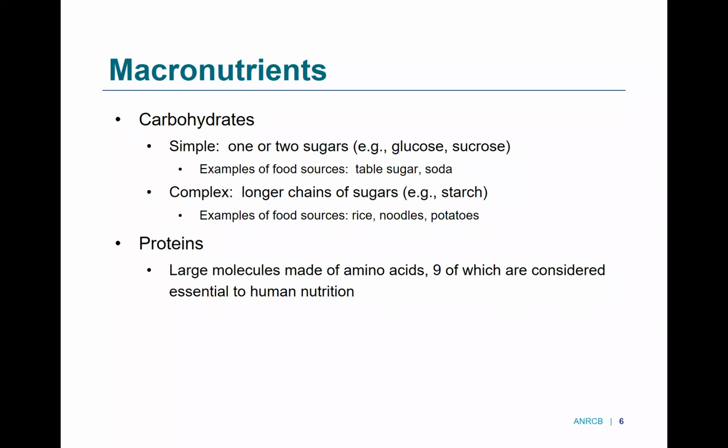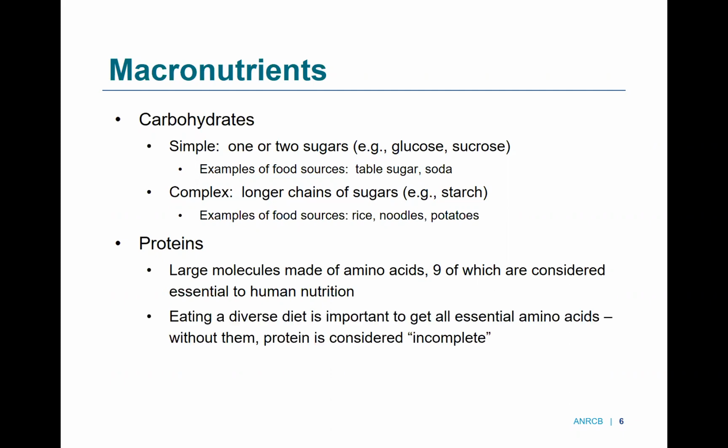And so the quality of the protein that we eat is determined by how much of these essential amino acids are present. So eating a diverse diet, and this will be a common message throughout this topic, eating a diverse diet is important to get these different essential amino acids. And when we don't have all of them, we say that a protein is incomplete.